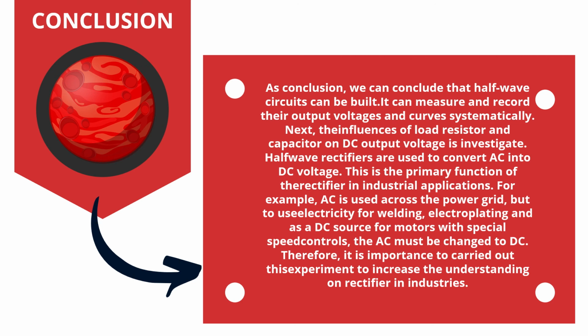This is the primary function of the rectifier in industrial applications. For example, AC is used across the power grid, but for use in welding, electroplating, and as a DC source for motors with special speed control, the AC must be changed to DC. Therefore, it is important to carry out this experiment to increase understanding of rectifiers in industry.